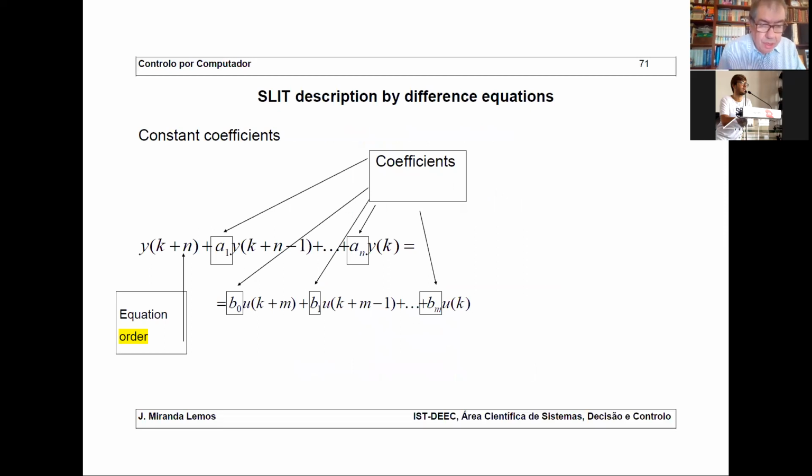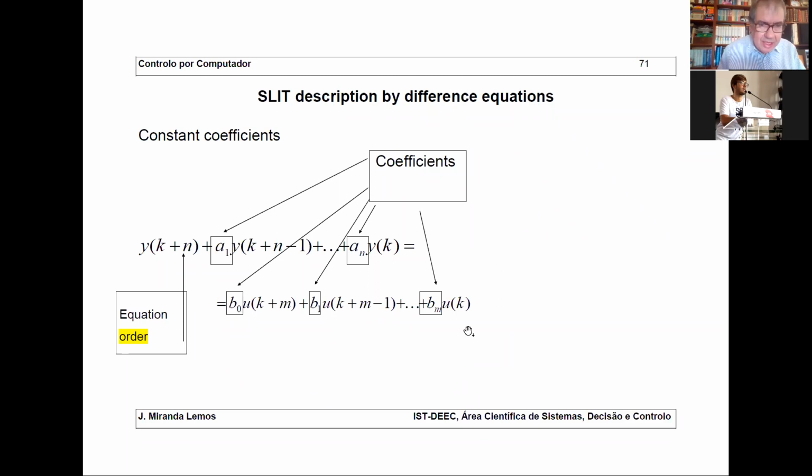Now, in discrete time, how can I write models for linear time invariant systems? One possibility is to write difference equations, such as I wrote here.